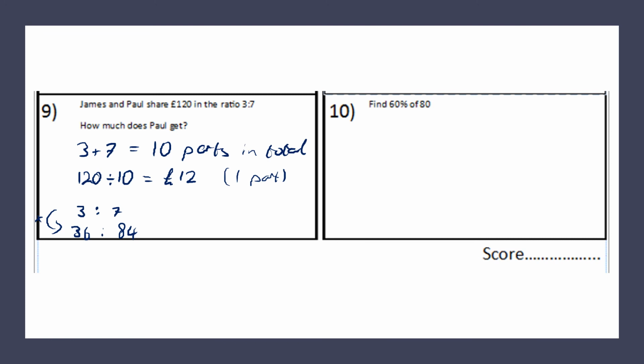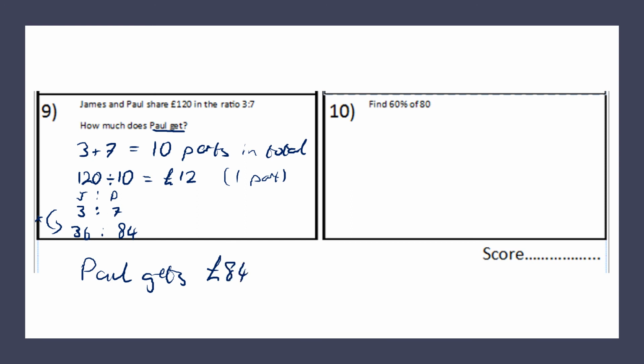We're good. Okay, but we're not finished yet. We're asked how much does Paul get? Okay, so which one of those corresponds to Paul? Remember, order is important. So the first one is James. So the second part is Paul. So Paul gets £84.